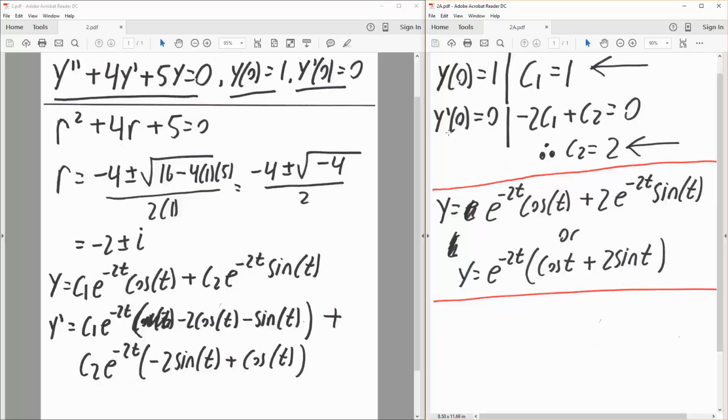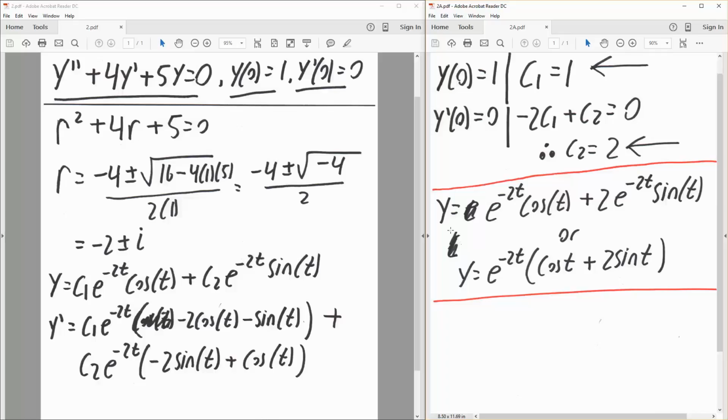We're saying that y'(0) is equal to 0, so this equals 0. From the first equation, we know that c1 is equal to 1, so we plug in c1 = 1, so we get negative 2, and therefore c2 is equal to 2.